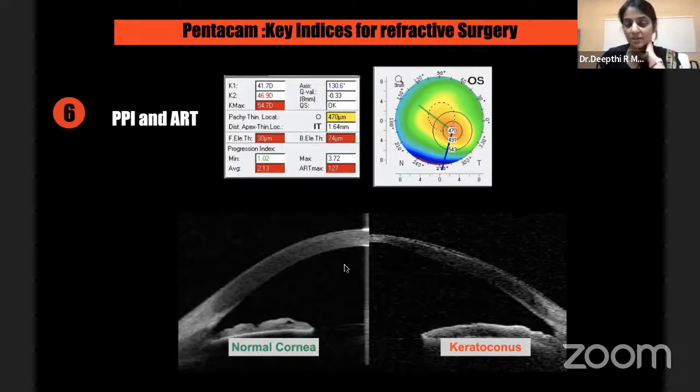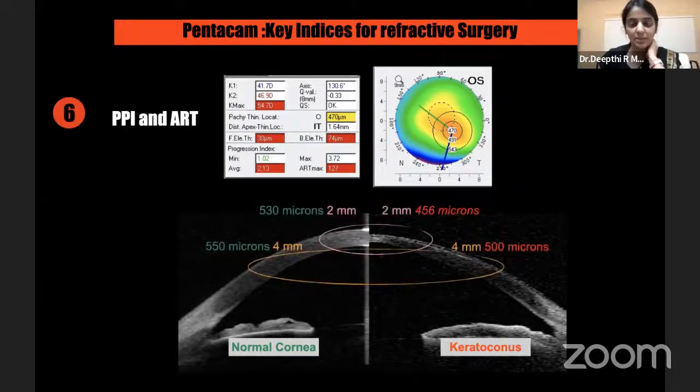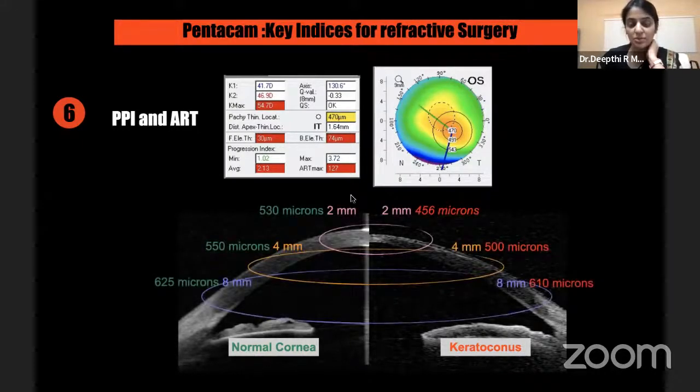All these pachymetry indices depend on how quickly or slowly the central thinnest point becomes the peripheral thickest point. As you see on the left side, the change in thickness will be lesser, and on the right side, because your periphery is thick, the change from thinnest to thickest will be quicker. I think it's a very interesting concept, and this is the same at 2 mm, 4 mm, 6, 8 mm. You see how the rapid change of pachymetry happens.